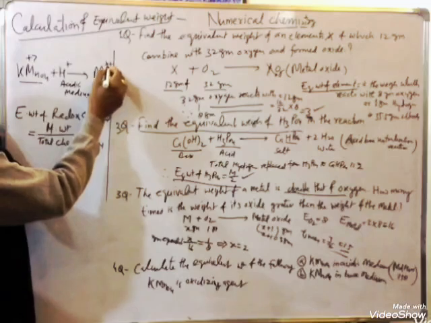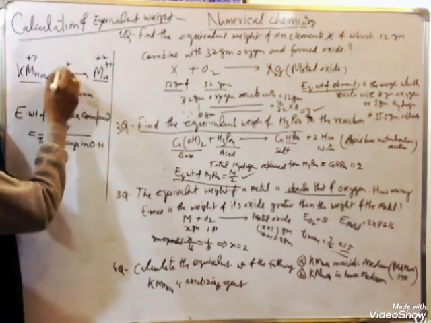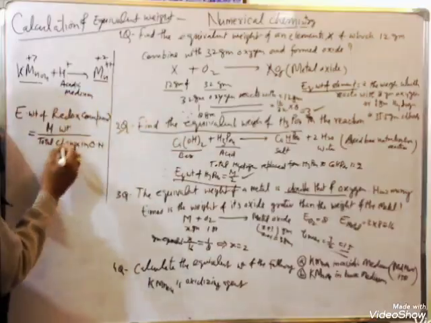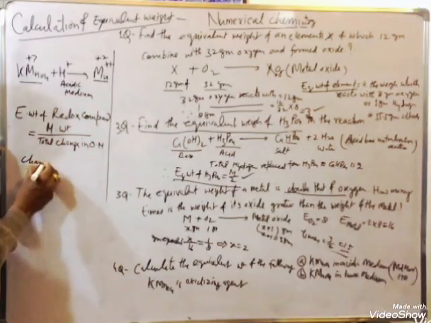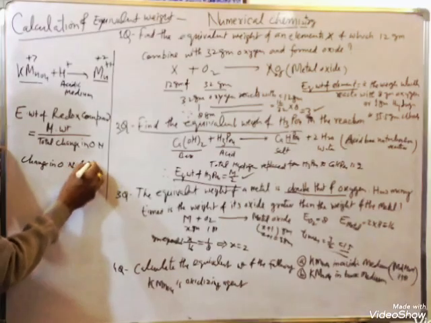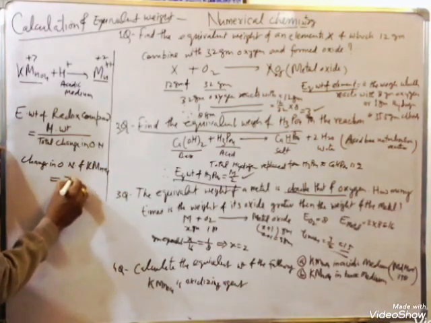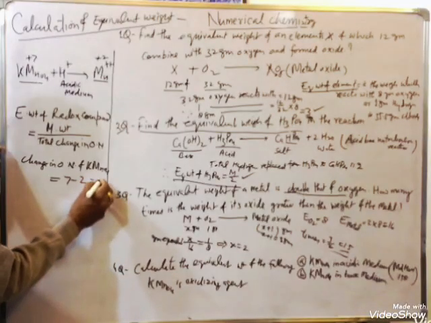This is a 2+ cationic charge, so it is +2. One atom, so the change in oxidation number of KMnO4 is 7 minus 2, that is 5.